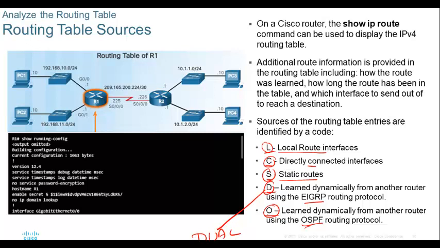EIGRP uses an algorithm to find the best path. That algorithm, see, D. That's why it's the DUAL algorithm.